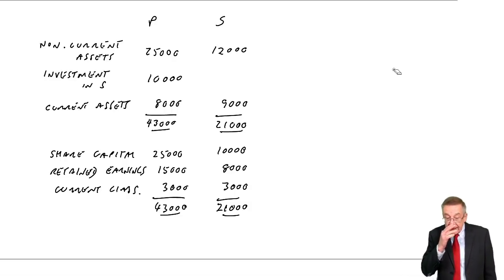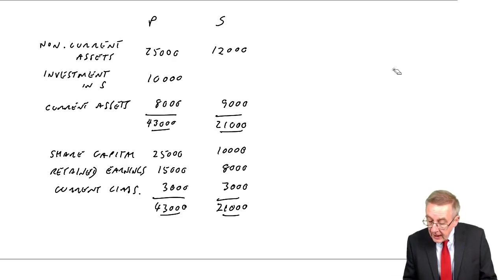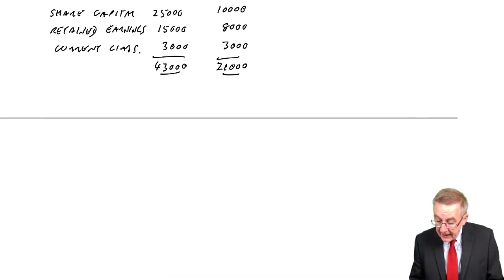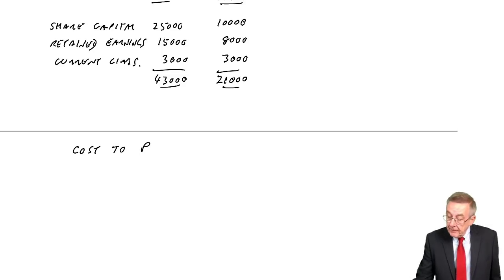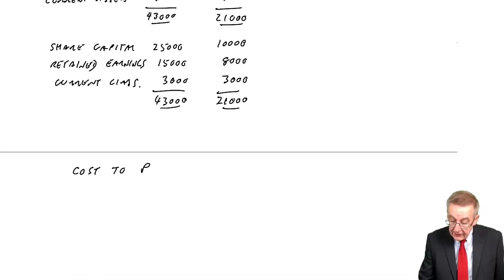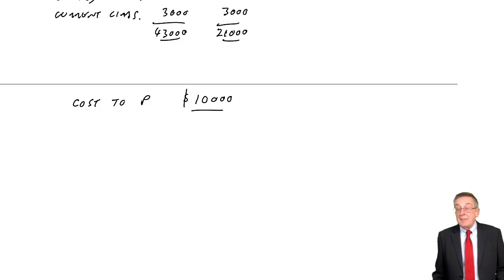Before I do, just one thing. It may seem obvious, but let's just check. How much did P pay? The cost to P we get from their statement. On their statement, it says investment in S at cost 10,000. And however obvious it may seem, because of things that are going to happen later, what did they buy?